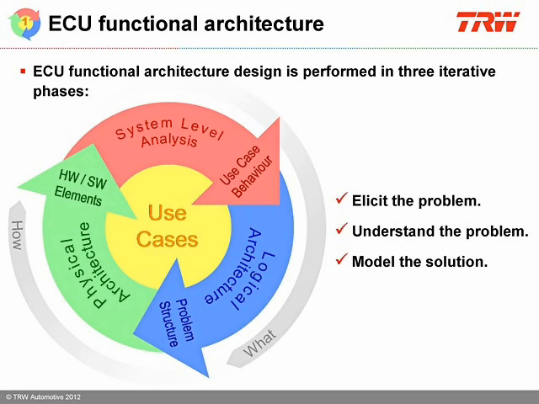And lastly, physical architecture, which aims to model the solution domain by defining the required structure and behaviors in terms of hardware and software elements, and that is how the ECU shall be partitioned. The functional architecture design is use case centric and is performed in an iterative manner, use case by use case.